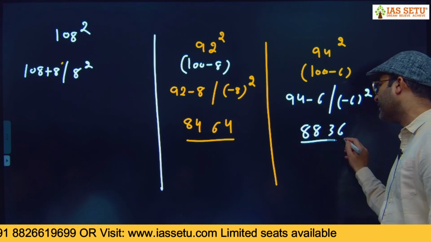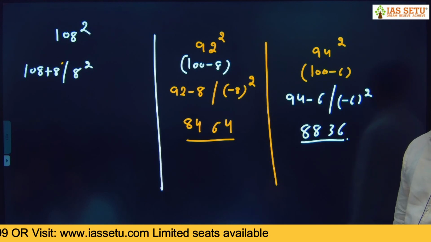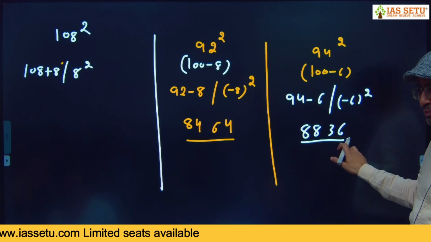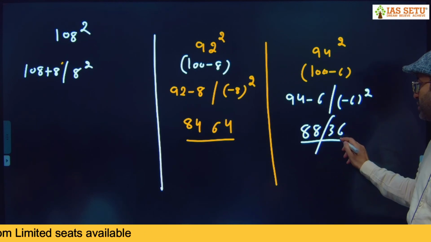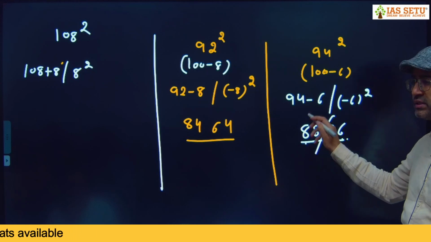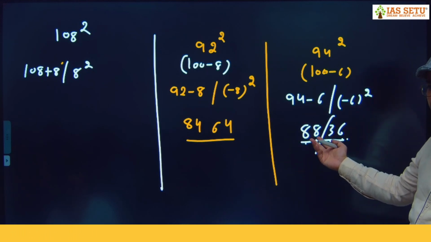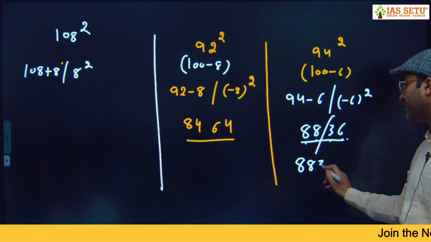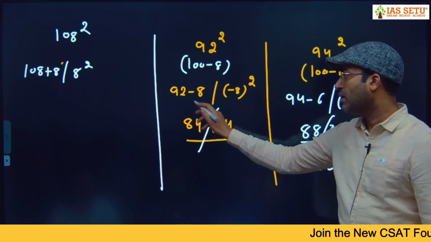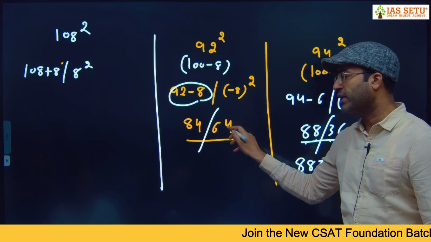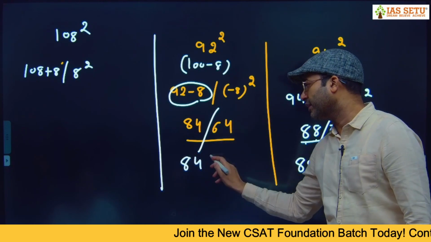So it is 8836. No carry forward. 6 square is plus 36. So this is your unit place, 10 place, 100 place, 1000 place. Right side value 36, left side value 88. So your answer is 8836. Here also it is like this. Left side value is 84, right side value is 64. So it is 8464.